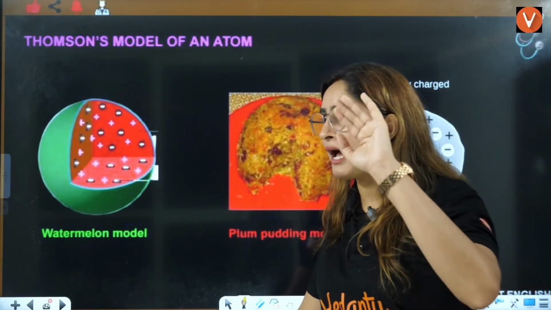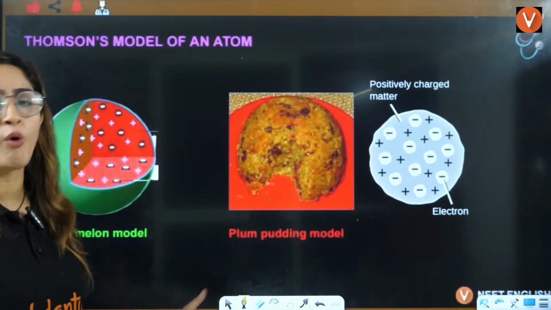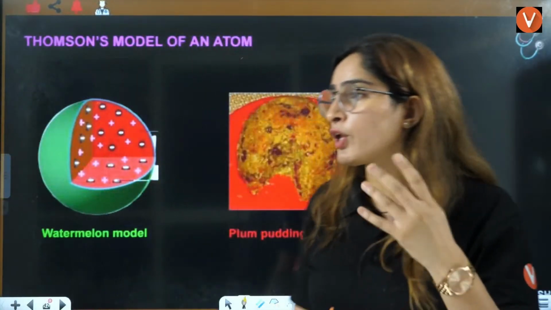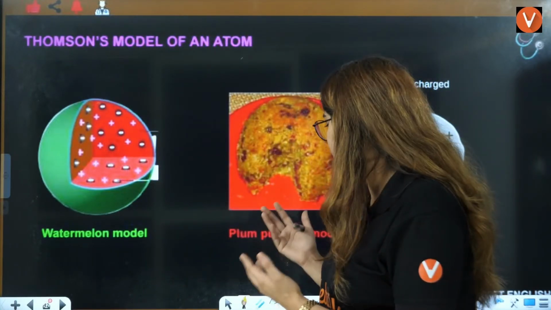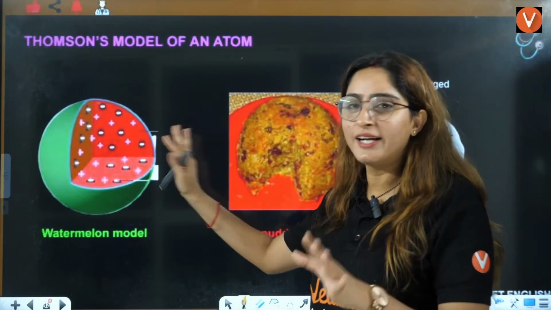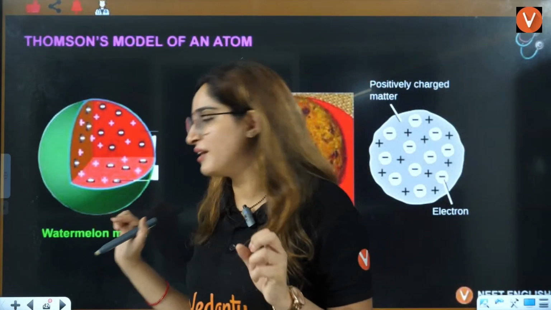He also stated that this is just like the plum pudding model, or it is also called the watermelon or plum pudding model. For you guys, watermelon will be easier to understand because I don't know if you have ever eaten plum pudding or not, but I'm sure that you have eaten watermelon. So for us Indians, watermelon is a good example.